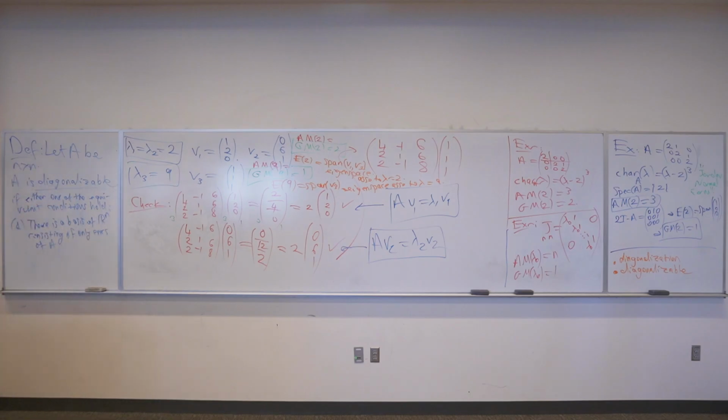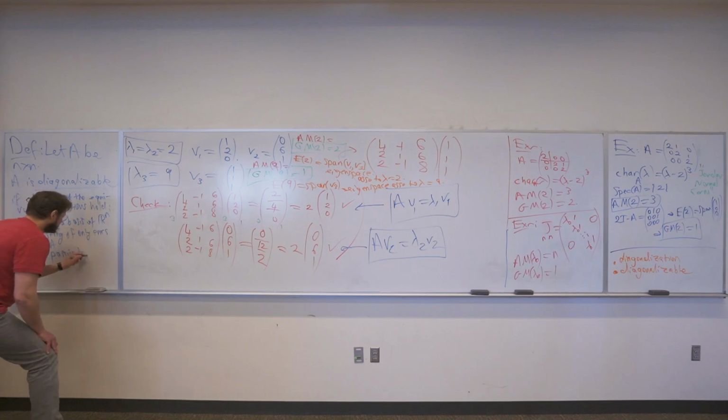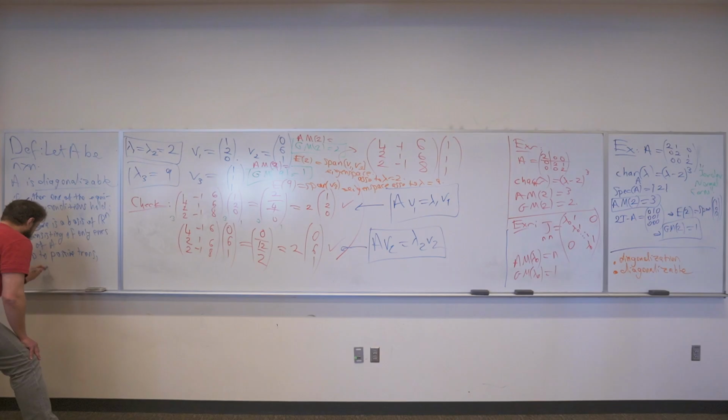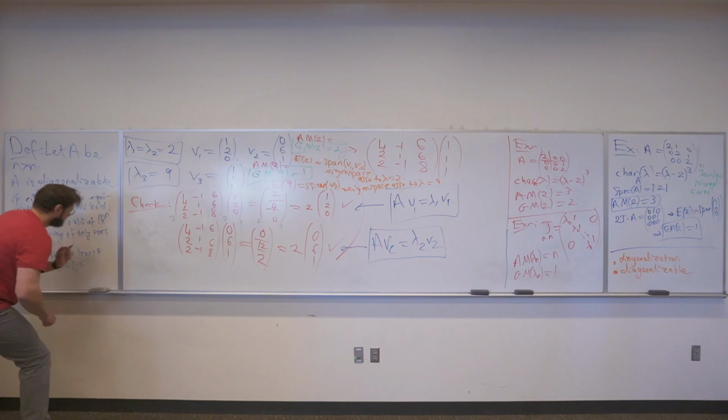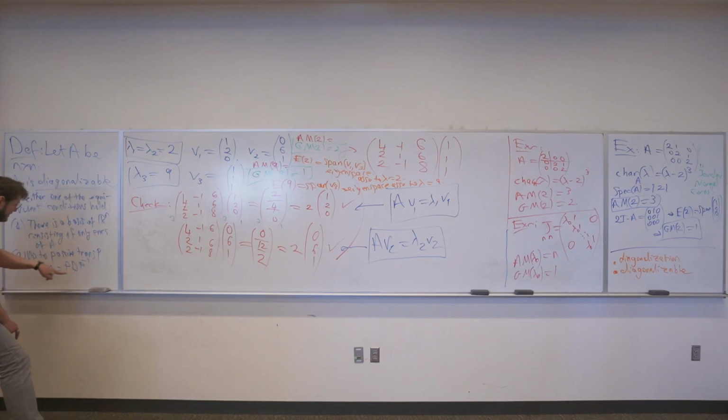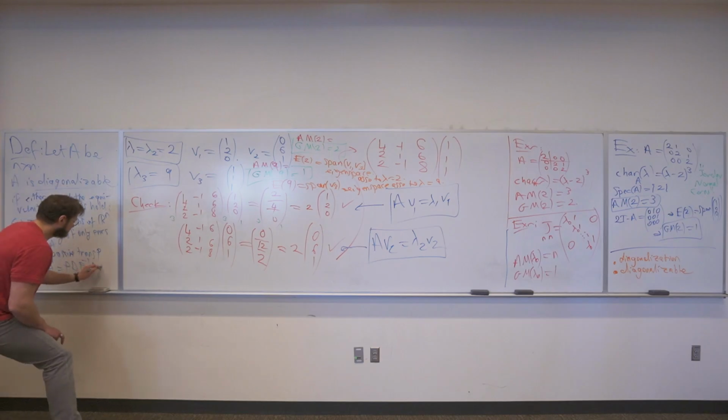Alternatively, you can say it this way. Up to a passive transformation, A is diagonal. Up to a change of basis matrix, up to a passive transformation P, A is PDP inverse, D diagonal.